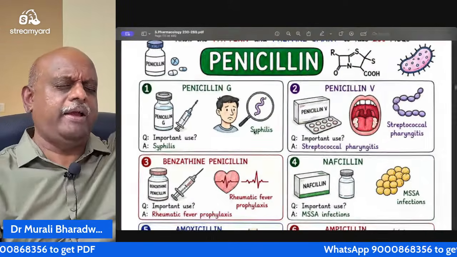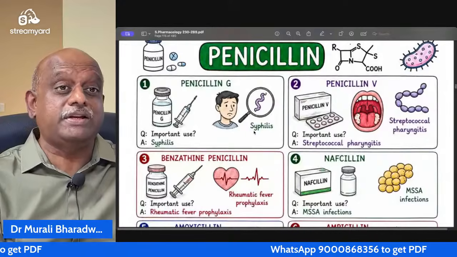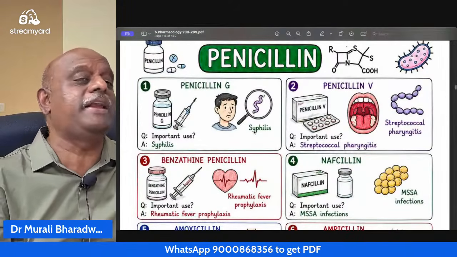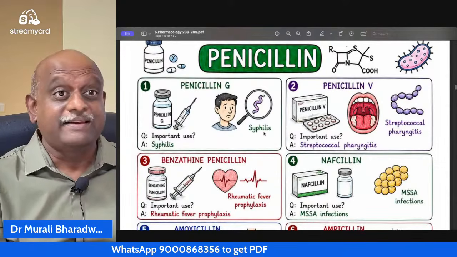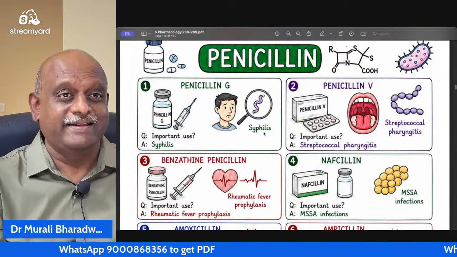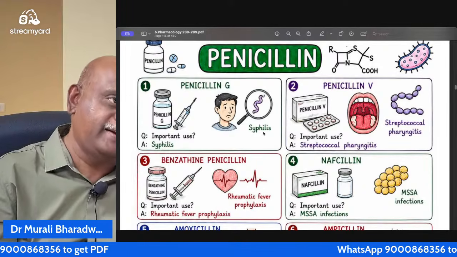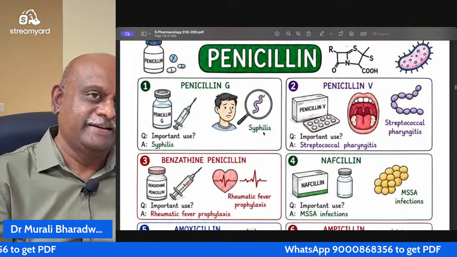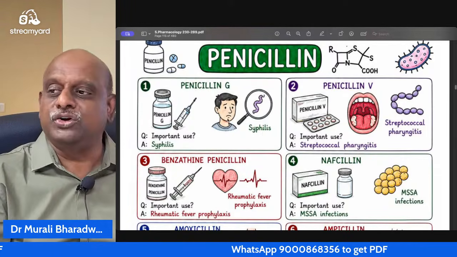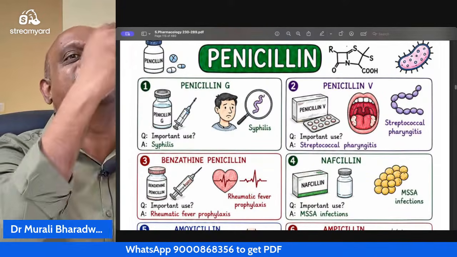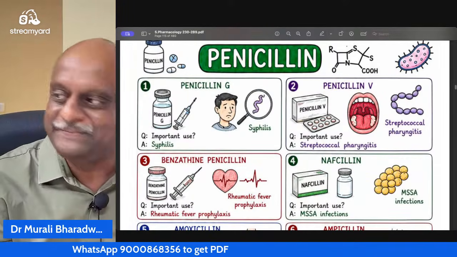Right from the day when Alexander Fleming treated the sailors who had gone to the prostitutes in various cities, till today, even if you go to Bangkok for a little sandwich massage and a happy ending, and end up with syphilis, still penicillin is effective, is a drug of choice.